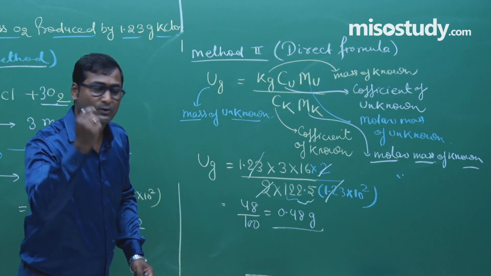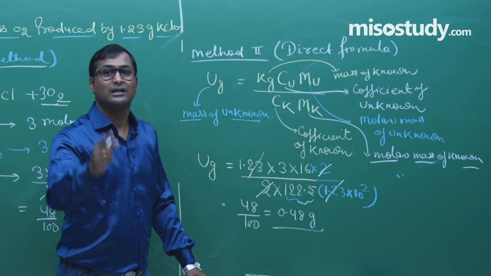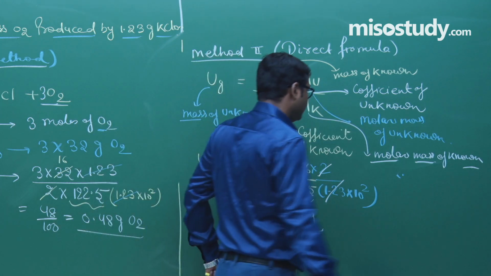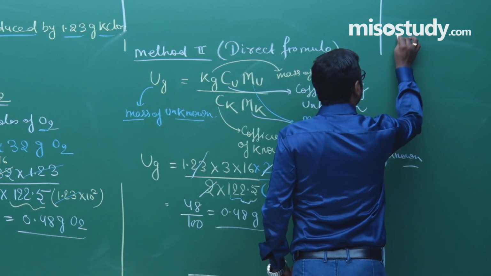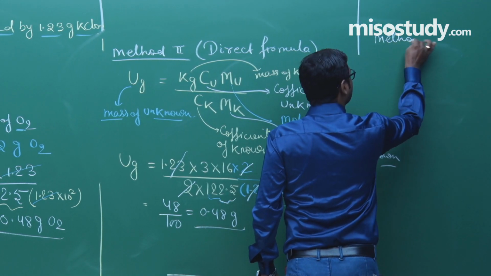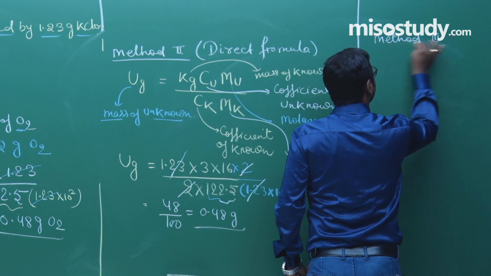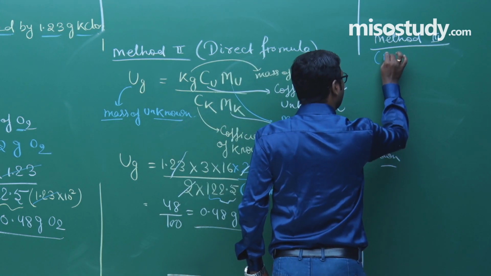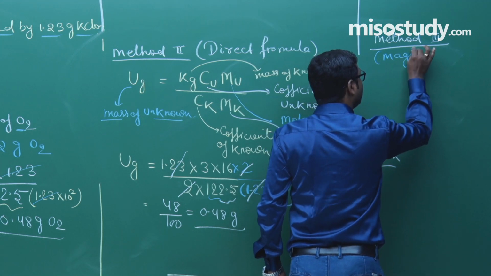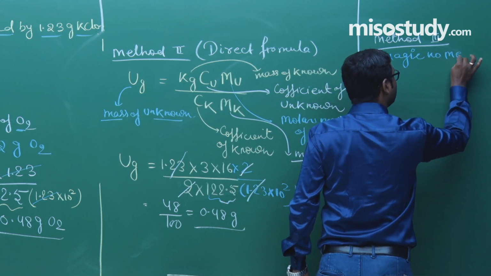Wait for a moment. Give me a few seconds. Now moving to the third method. This is again an interesting method, known as, my friend, the magic number method. How to solve this question?